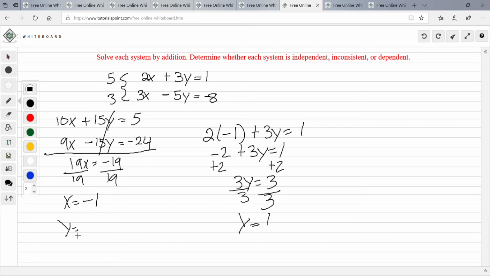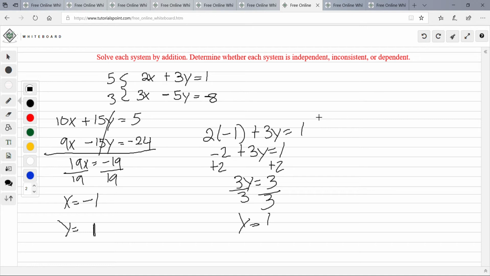So the y value is positive 1. And then you have to put it back in the original equation to make sure they're both true. I already did it, but if you didn't, go ahead and put it back. And we know it's true, so we have one solution, right?